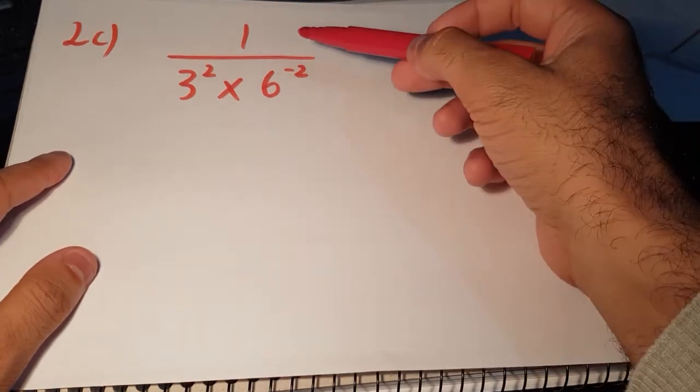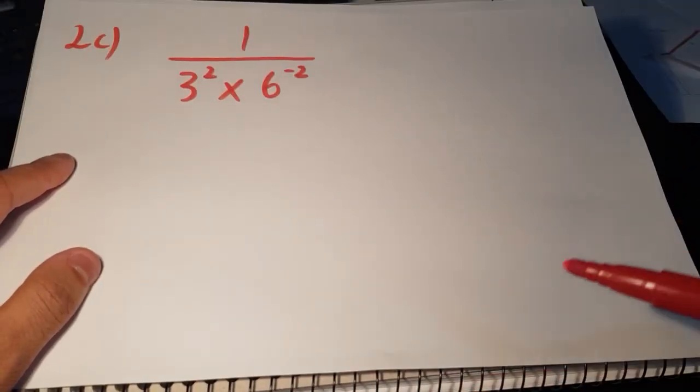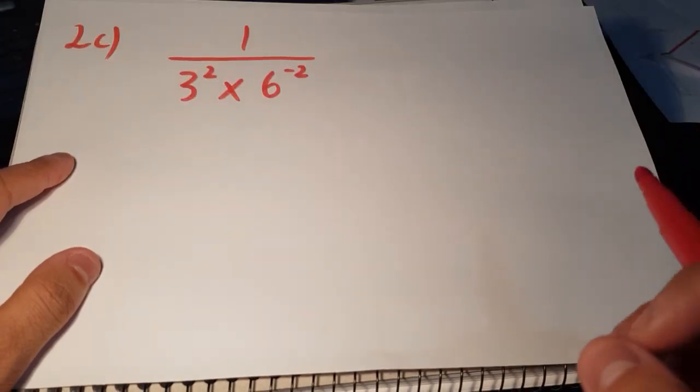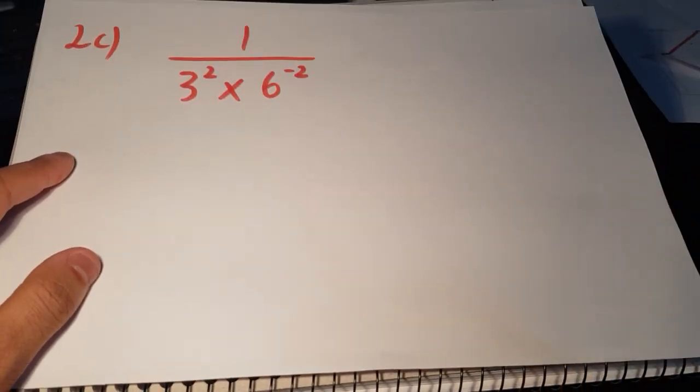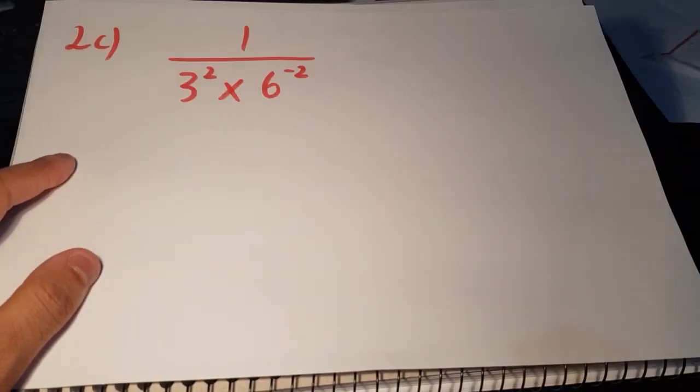Pretty much, before we can simplify or find out the results, let's make all the powers positive. Now, I know what 3 squared is, but I don't know what 6 to the power of negative 2 is. But I'm pretty sure we all know what 6 to the power of positive 2 is.